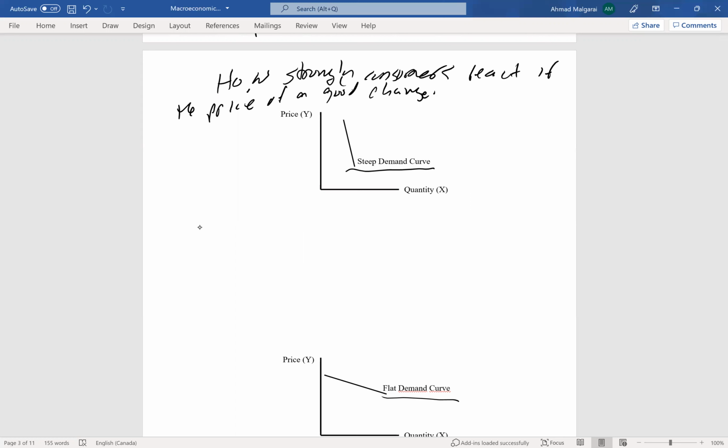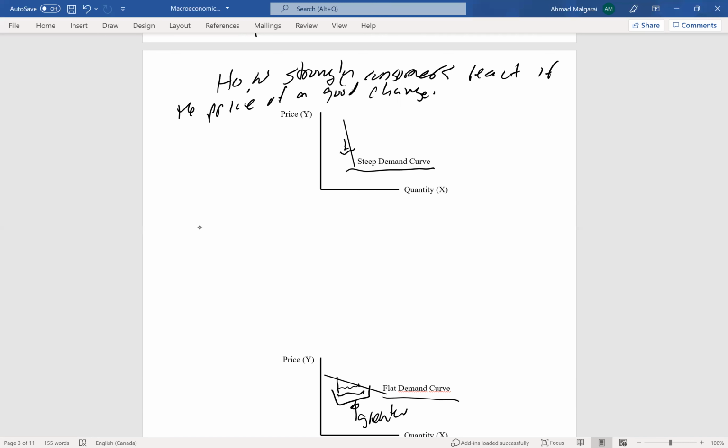Again, if you look at the slope of this, these are the changes, so we can see that this one is greater. If that is the shape of your curve, then when the price changes, the demand will be affected greatly. So that's the concept that we want.